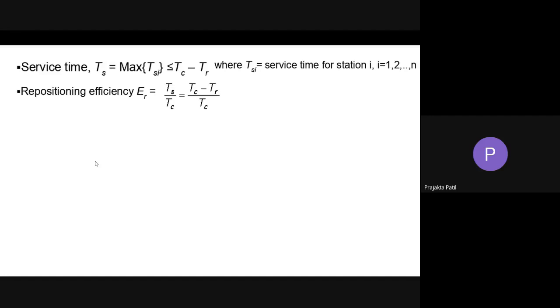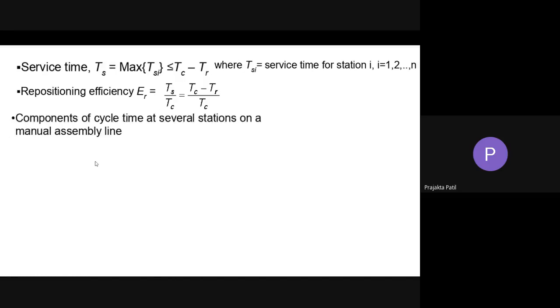These losses can be expressed in terms of an efficiency factor, and that is given by ER, that is repositioning efficiency. It is given by TS by TC. We know TS is TC minus TR, so ER is (TC minus TR) over TC. So this is the equation for repositioning efficiency.